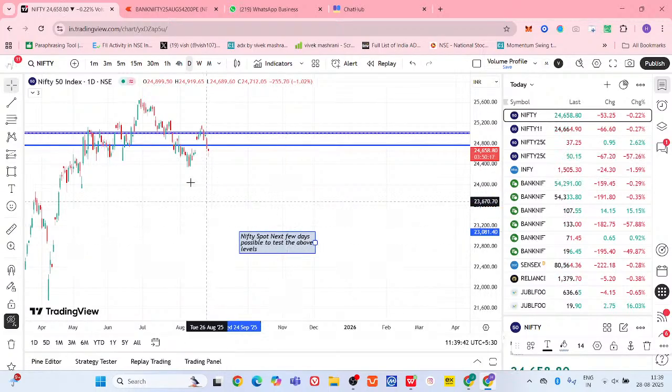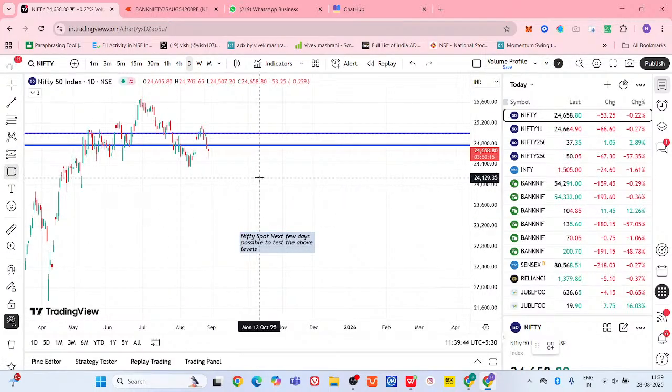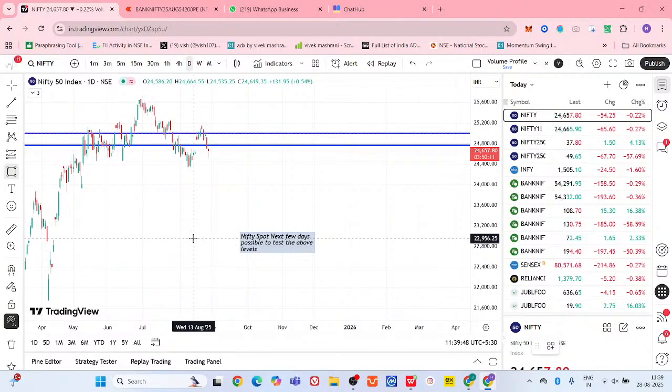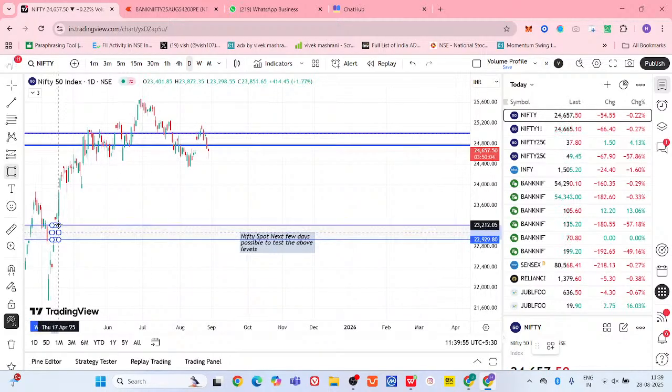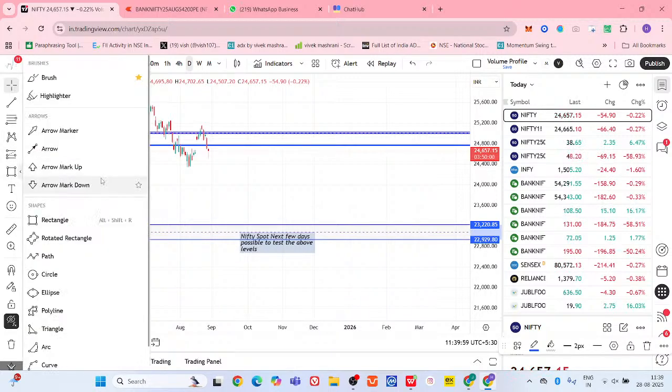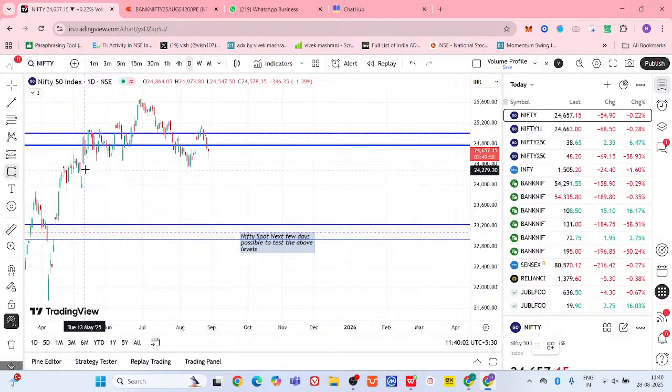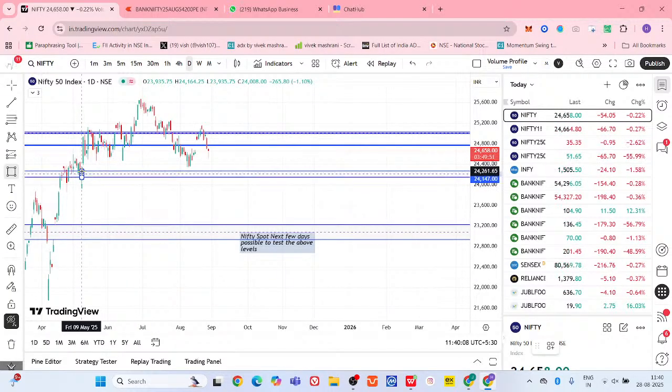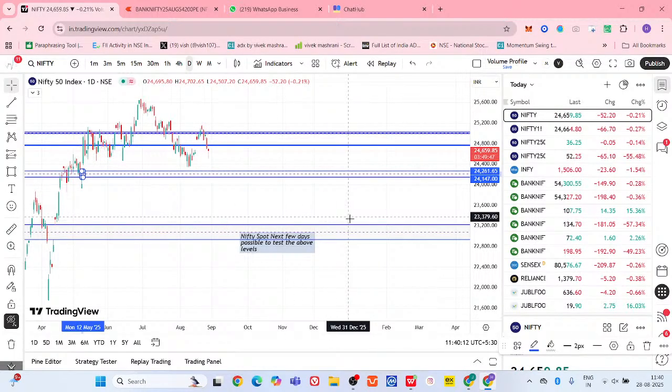Also, please remember my target for Nifty is possibly this gap, okay, and this gap. They need to be filled, no? This gap is almost filled. See, now these levels may be tested and then come down.